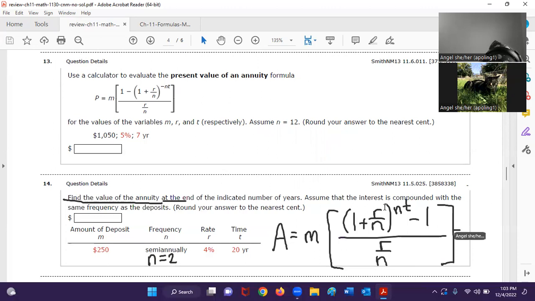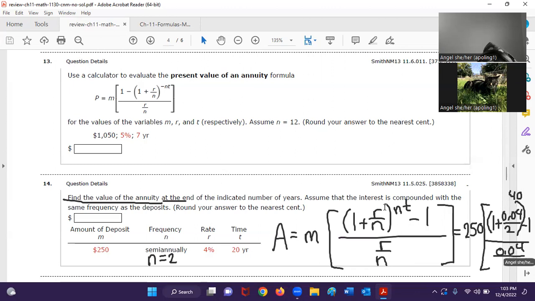And what do we have here? So we have 250 times the quantity 1 plus 0.04 over 2. Oh, I'm getting scrunched. Raised to the power 40 minus 1 all over 0.04 divide by 2.